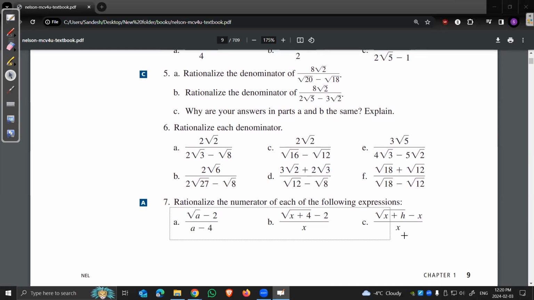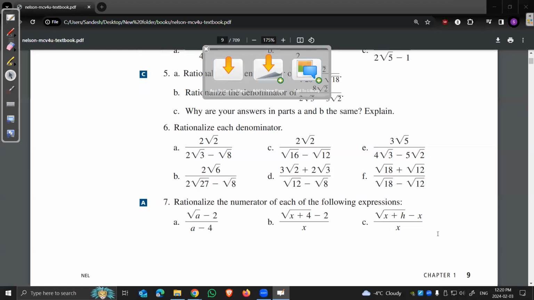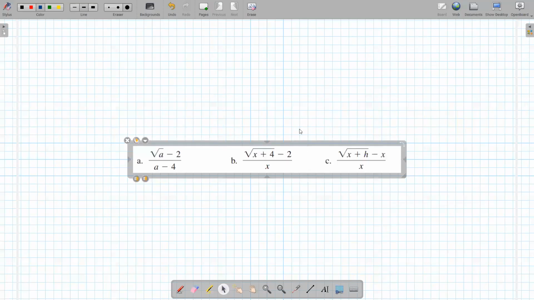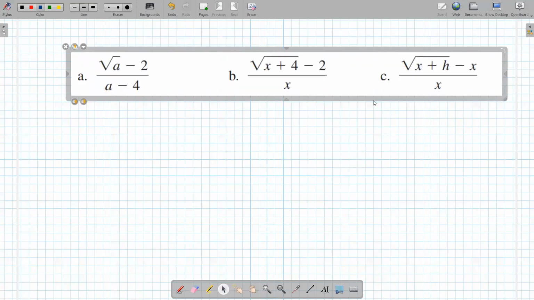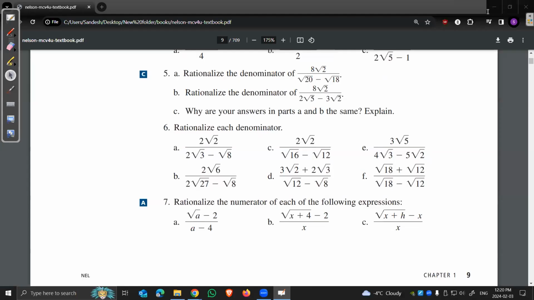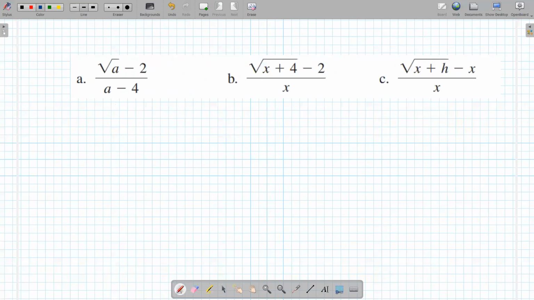Now, instead of doing it with numbers, let's do it with letters or variables. So again, if it doesn't ask you, just look at where the root is. All of these questions, we're going to be rationalizing the numerator. So for A, what's the conjugate?